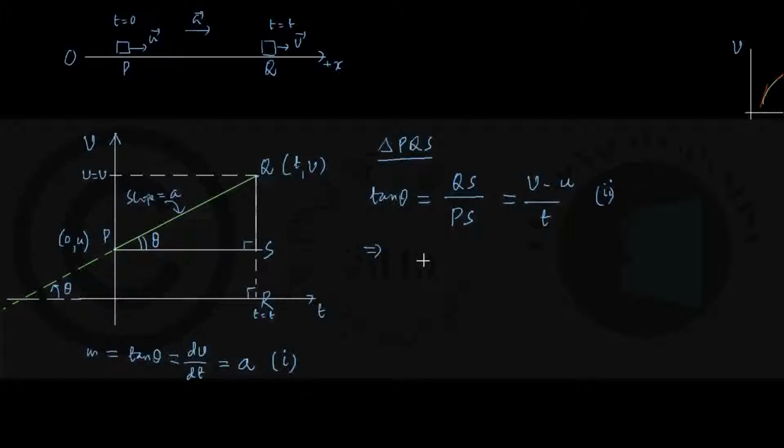This is my well-known kinematic equation, but we got that in this case by graphical method, interpreting the fact that the slope of this V versus T straight line graph is nothing but acceleration, and eventually reaching here.